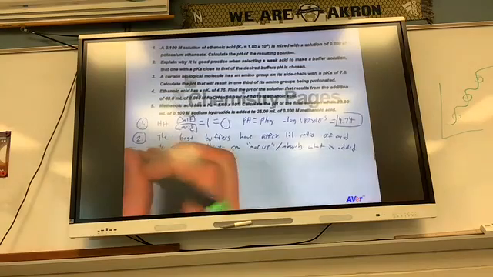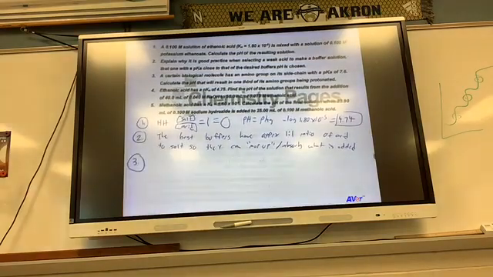Okay, number 3. Number 3 is tricky. A certain biological molecule has an amino acid on its side chain with a pKa of 7.6. Calculate the pH that will result in 1/3 of its amino groups being protonated. Immediately, the first thing I would do would be write out my Henderson-Hasselbalch equation.